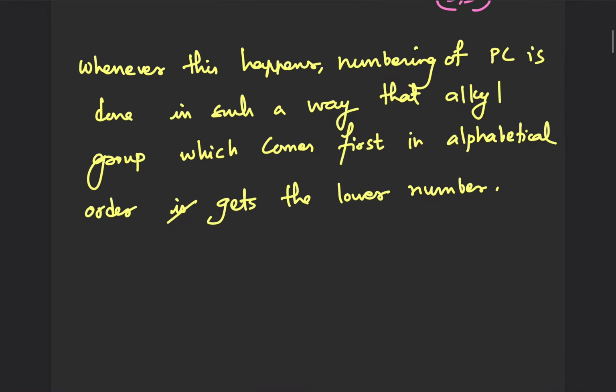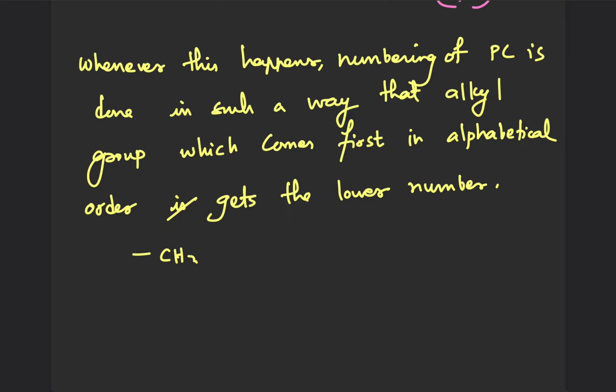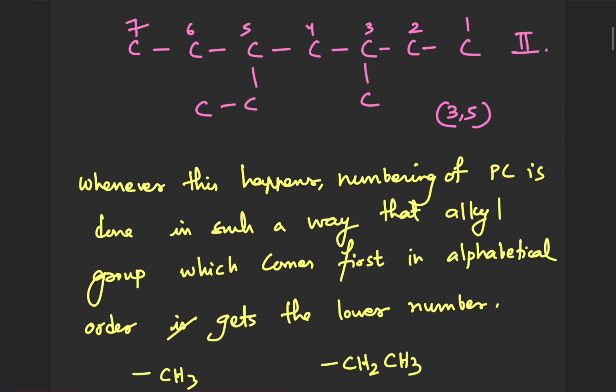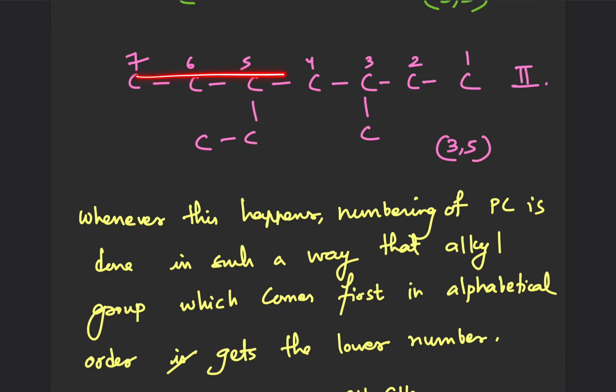Okay, so therefore in our case the two alkyl groups are obviously CH3 and CH2CH3. The name of this is methyl and the name of this is ethyl. Obviously ethyl comes first in the dictionary, that's why it gets the lower locant. Locants are the numbers that we assign to the carbon atoms.